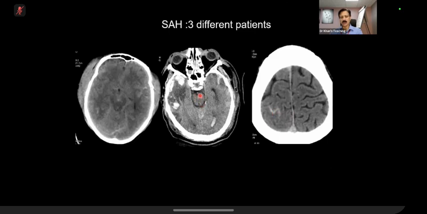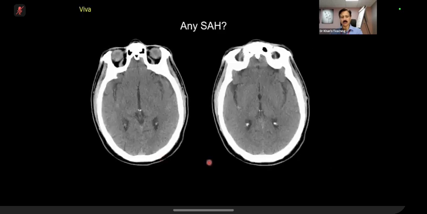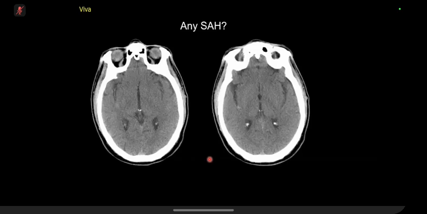Look here, subarachnoid hemorrhage in the interpeduncular cistern. Look here in the interpeduncular cistern. Any subarachnoid hemorrhage? Just going through, there is some high density, especially on the right side, parietal occipital junction.